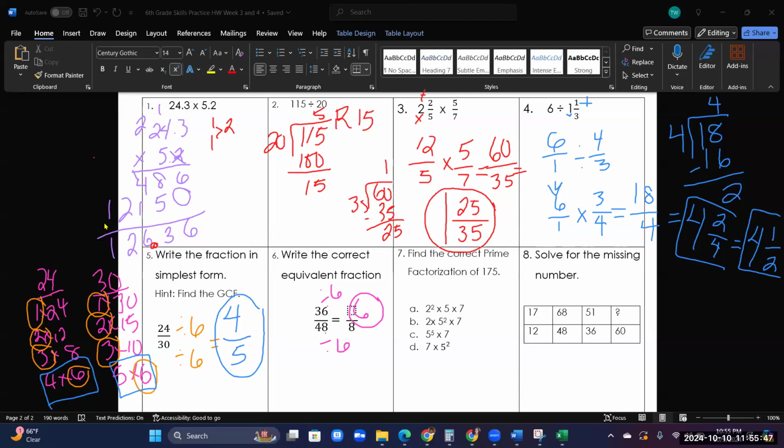All right, 7. Find the correct prime factorization of 175. I mean, you gotta know exponents. So 2 squared would be 2 times 2, which is 4. So we can check 4 times 5, which will give us 20, and then 20 times 7.